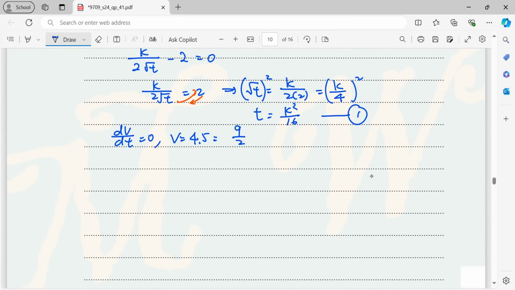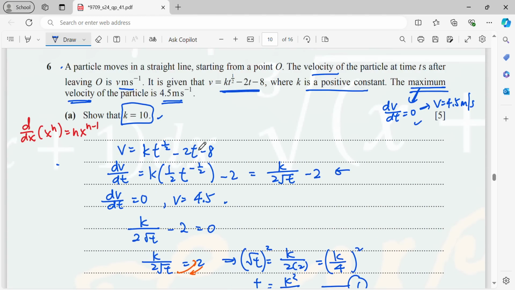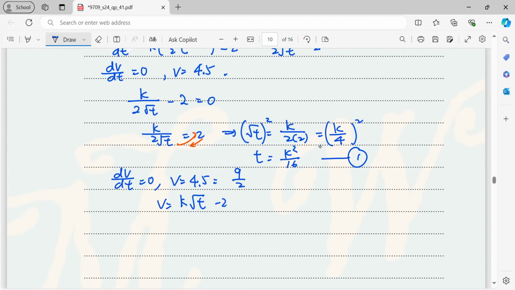So my v is basically k square root t, k t to the half minus 2t minus 8. Now my v is replaced by 9 over 2. At the same time, when dv/dt equals to 0, my t equals to k squared over 16. So now replace. My square root t is k over 4.